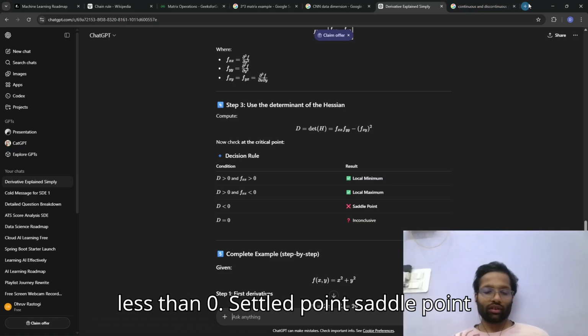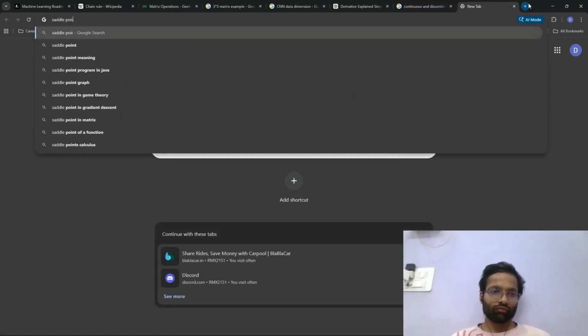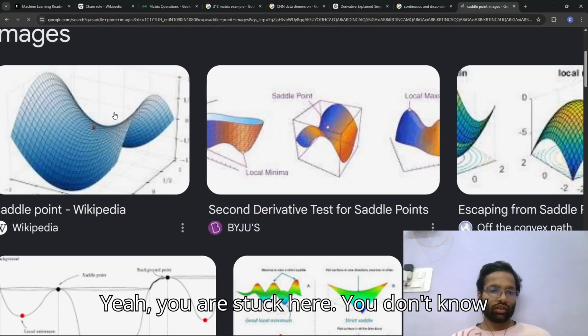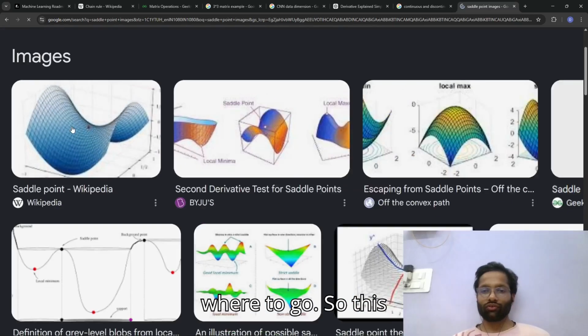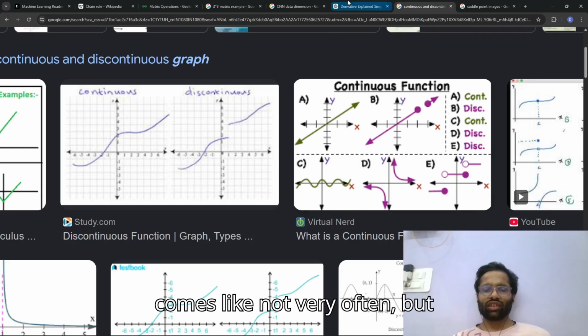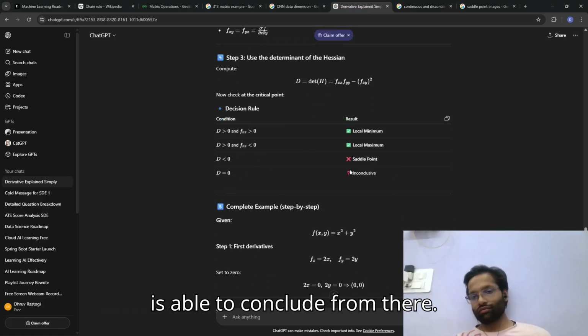A saddle point is basically, yeah, you are stuck here. You don't know where to go. These don't come up very often, but sometimes the result is inconclusive, so nothing can be concluded from it.